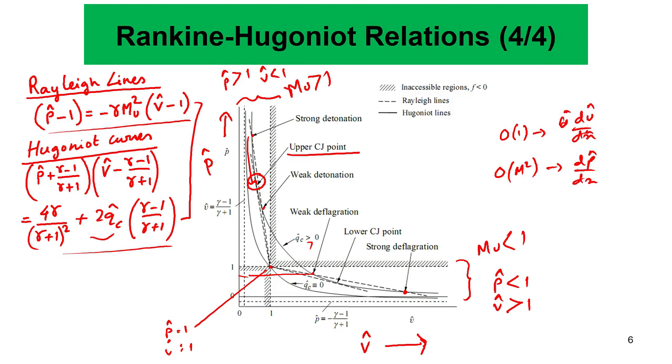Pressure, if you remember from the previous classes, in the governing equation. So we see that when the Mach number is small, which is the case here, from thermodynamics or from the governing equations, we again arrive at the fact that your pressure drop is small, whereas in the strong deflagration state the pressure drop could have been large, but that does not exist. So that is why in this region your pressure drop is small.